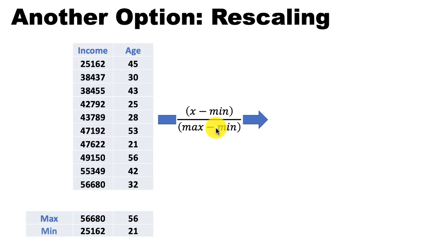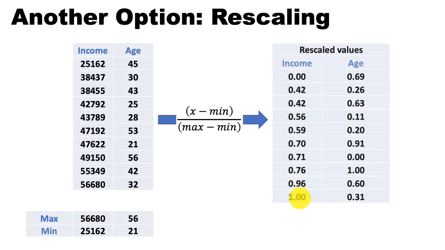Of course, if the value is the minimum, then x minus min will become 0, and therefore it will get scaled to 0. And if the value is the maximum, max minus min divided by max minus min will become 1. So the largest value will become 1, the smallest value will become 0, and all the other values will fall proportionately in between.